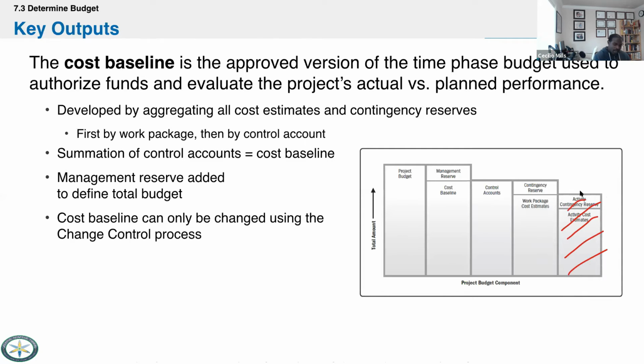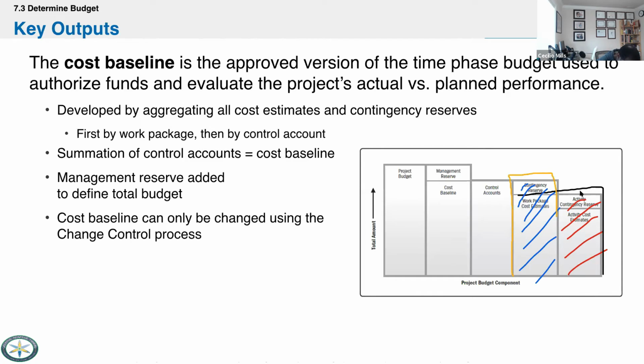Now we roll all of these up into this work package here. In this process, while we're determining the budget, we are going to do reserve analysis again, and we're going to add even more contingency reserves. Now this final figure becomes our cost baseline.